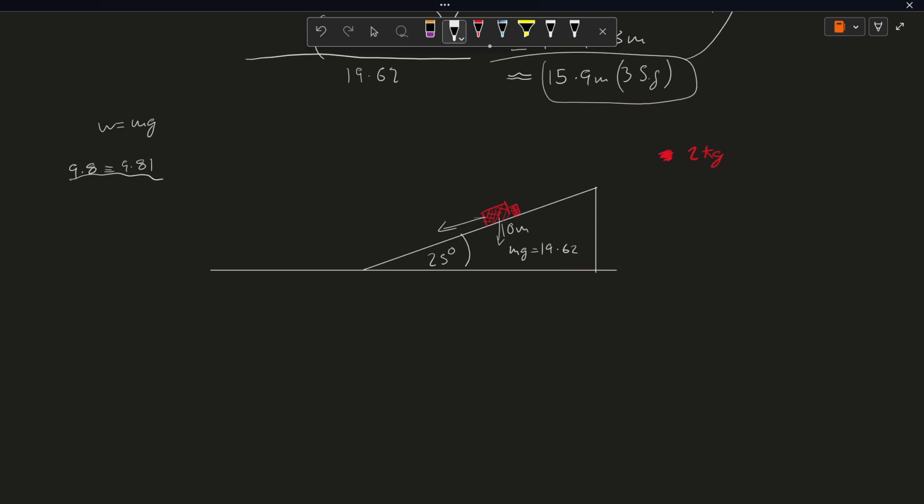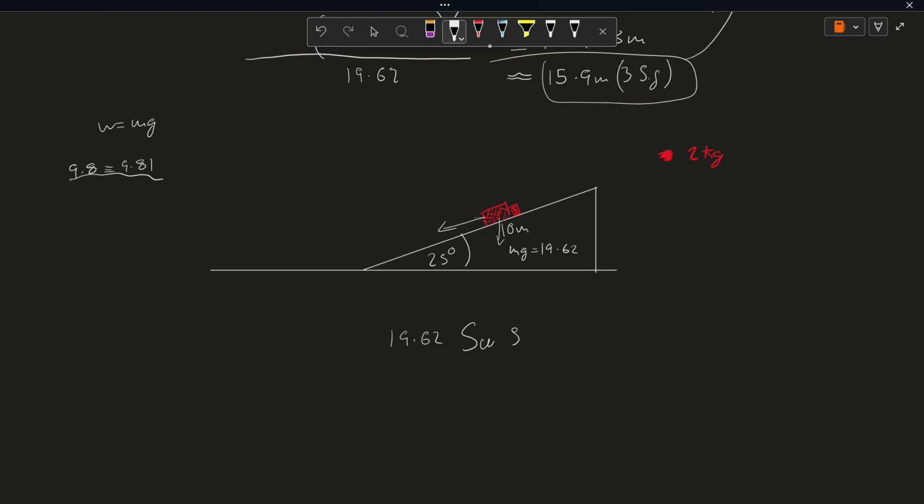Yeah, cos. Might be sine. It's sine, for goodness sake.